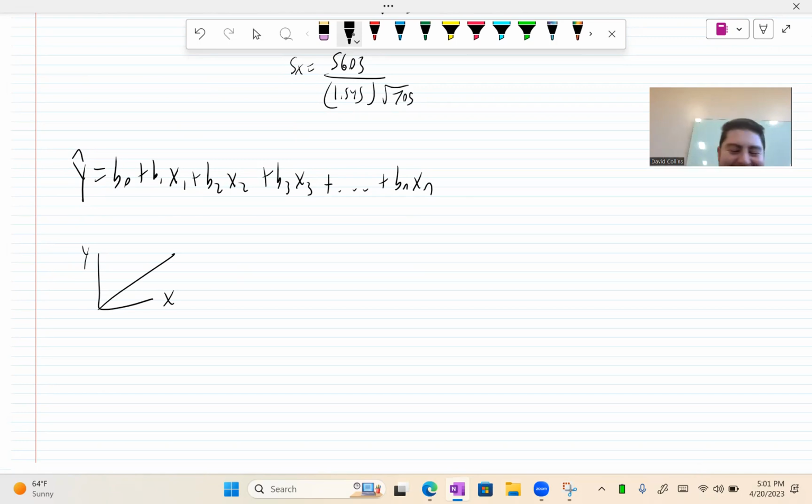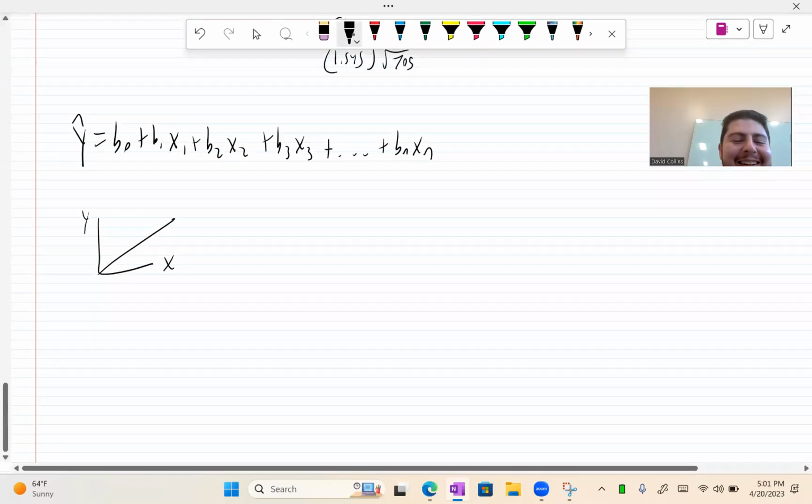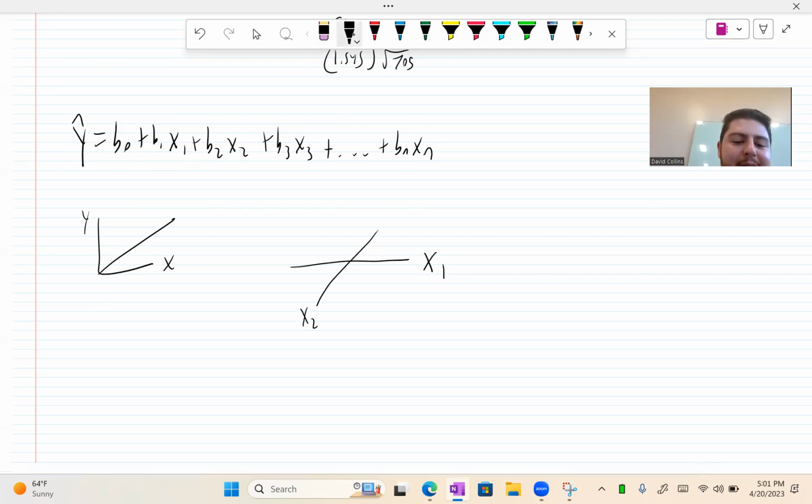That's why I'm holding up 3 fingers. Something like X1, X2, and Y. It looks like this, 3 dimensions. And a line in 3 dimensions is a line, right? We're living in 3 dimensions, it's a line.